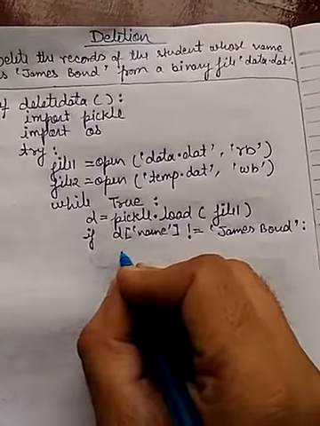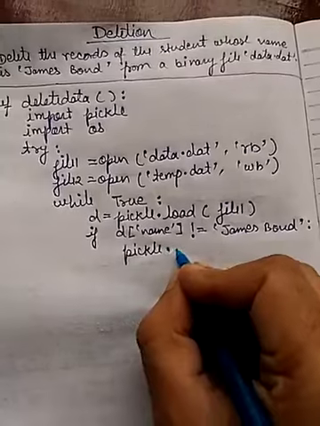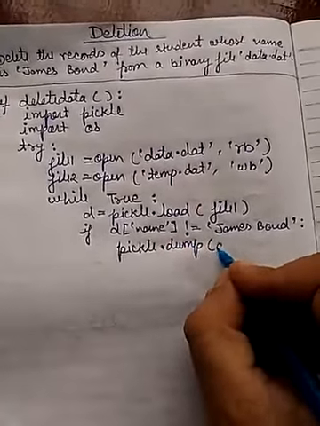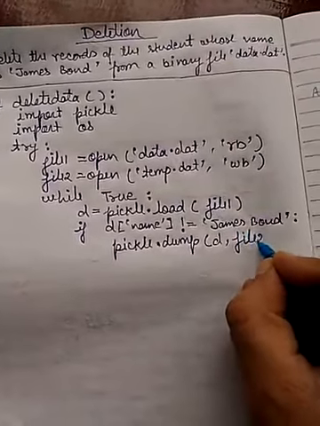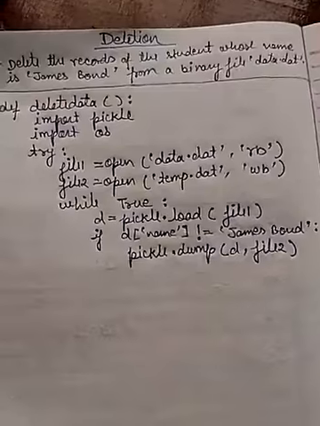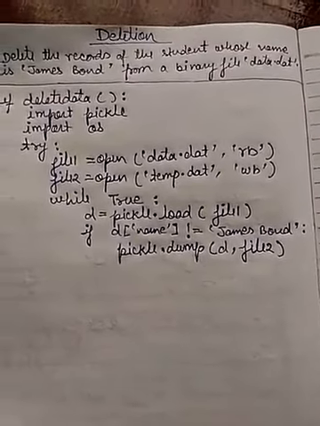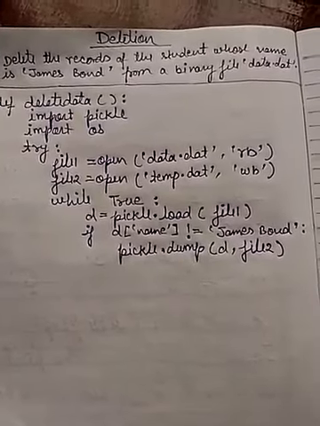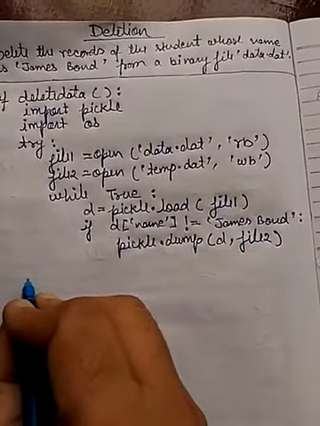So how will we do this? pickle.dump, what? This dictionary. Where? In file2. Now in this way file2 will contain all those records in which the name James Bond is not there. After that we have to catch the exception.